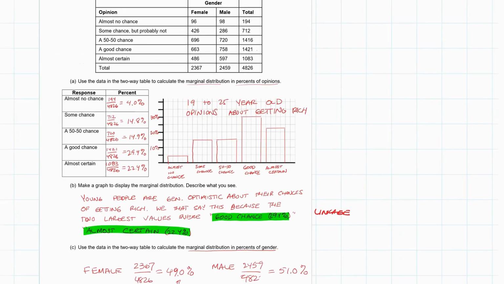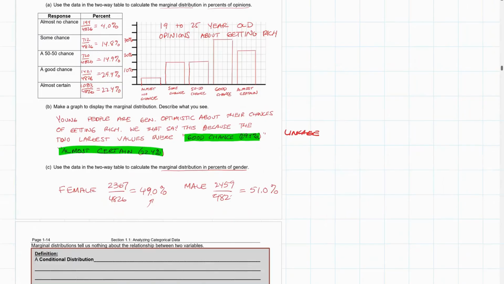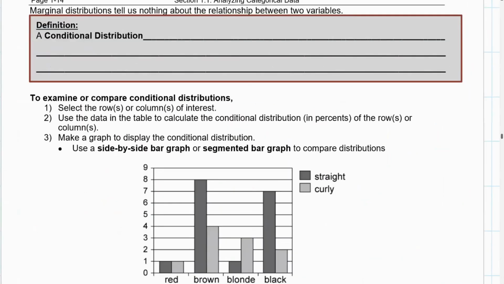I said there's two different distributions. The other distribution that we look at with two-way tables is called a conditional distribution. You say, well, what's a conditional distribution?